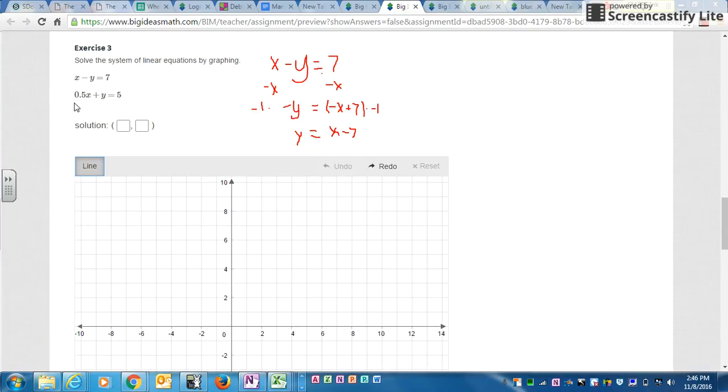And my second line is a little bit easier, and I'm just going to subtract. And I'm going to write this as a fraction to help you out as well, because that'll help me graph it. y equals... x is 1/2. So I'm going to subtract 1/2 x from both sides of this equation.